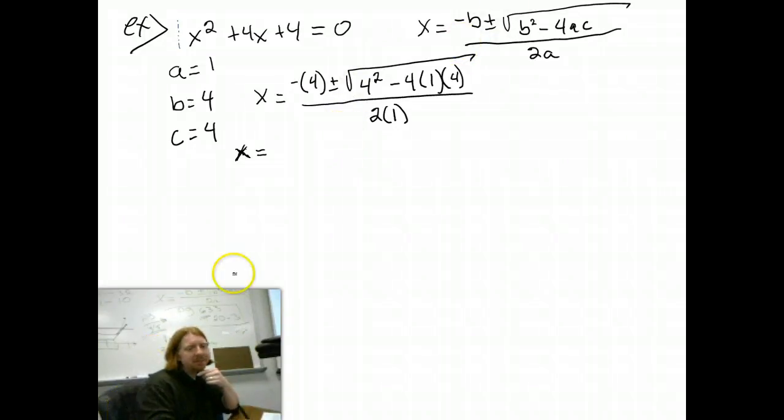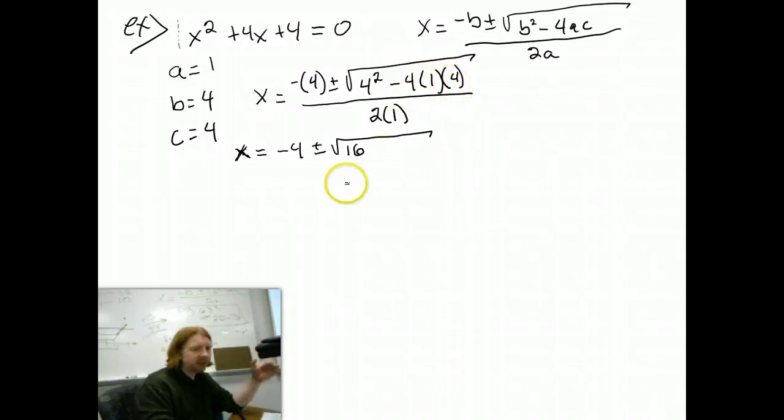So let's go ahead and do our first pass. So negative 4, that's negative b, plus or minus. 4 squared is 16. Negative 4 times 1 is negative 4, times 4, 16. So negative 16. All over 2. Now I want you guys to look just at what's under this radical.